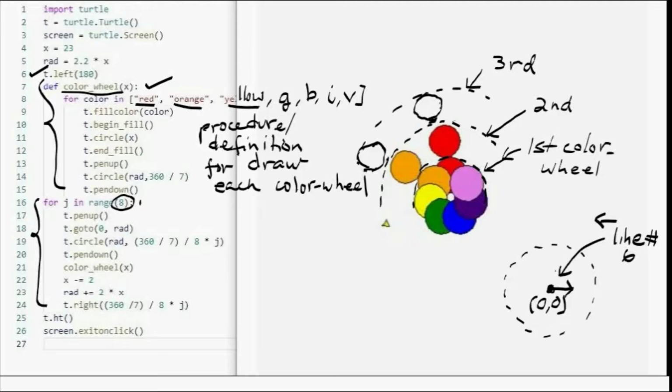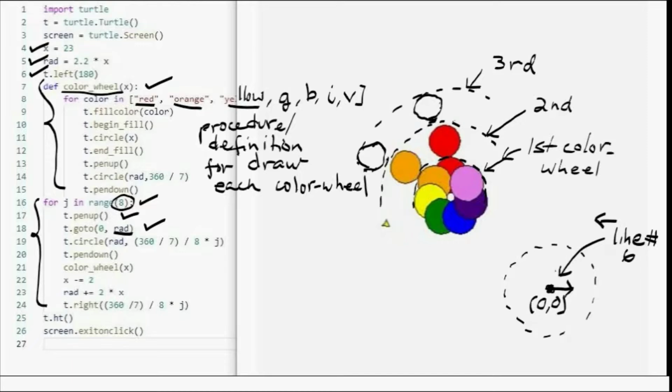As I mentioned a while ago, we'll have 8 color wheels. First, I put my pen up. Remember that I am here at 0, 0. I put my pen up so that I don't generate any line. And then I go to the point 0 rad. The rad, incidentally, is identified in line number 5. The rad is 2.2 times x. Now the x is identified in number 4.